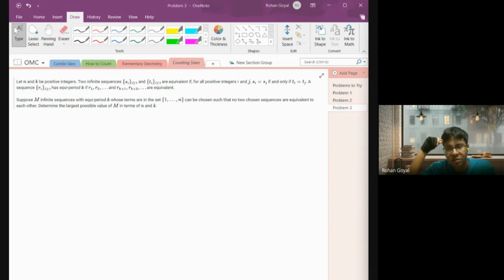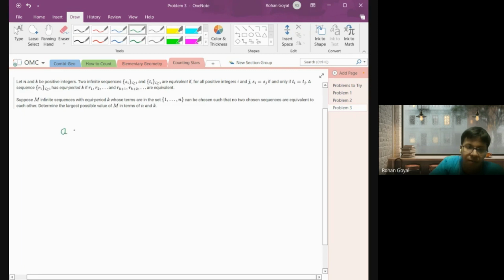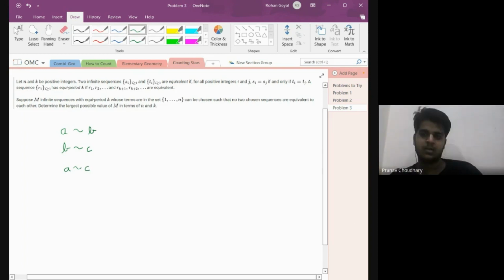Okay. So tell me this. If there is a sequence A which is equivalent to sequence B, and if the sequence B is equivalent to sequence C, then is the sequence A equivalent to sequence C? Yes. Why?